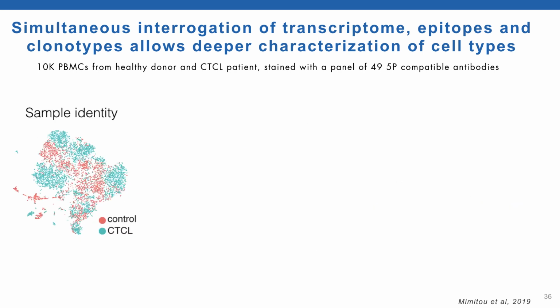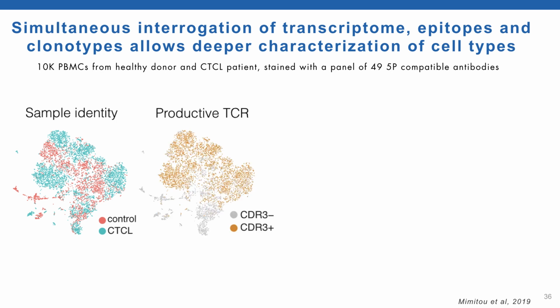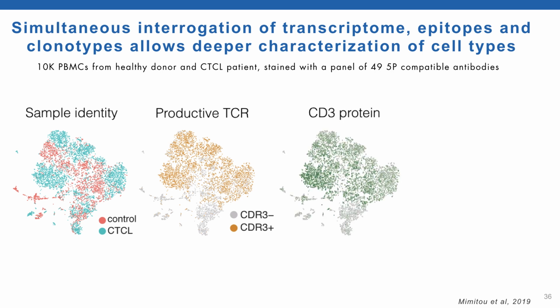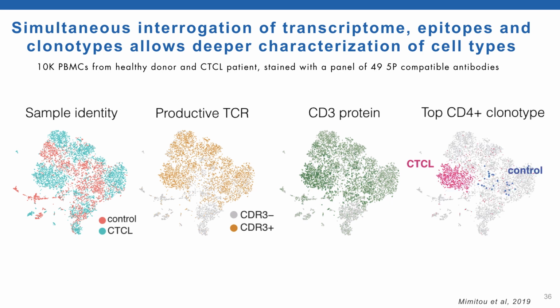And this is useful when looking at this type of cancer, because you can do things like this, where we take the two different samples and align them together, so we can see the control and the CTCL patient here. We can see which cells have a productive T cell receptor, and fortunately and pleasingly, these overlap with cells that are expressing the CD3 protein, as you'd expect. But then we can separate these further into clonotypes.